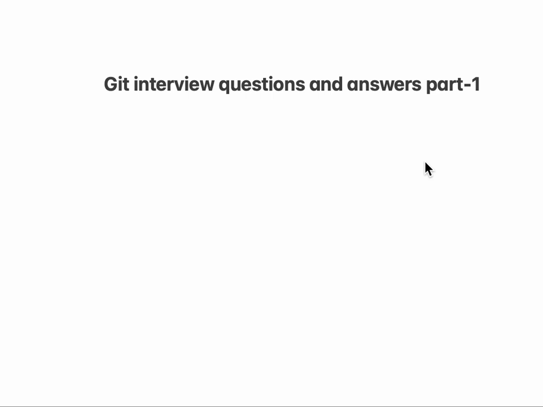Okay. So then what is git push? Git push is nothing but we are going to push our file from local to the central. Git push space hyphen u space origin space, and we can give the branch name. And next question, important question: what is git pull? It is a very, very important question.